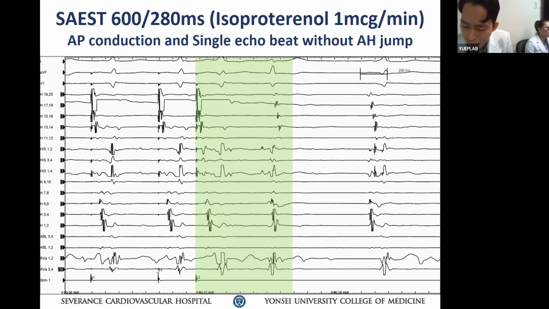Yeah, and I thought during the procedure, I saw that there's decremental property and no retrograde conduction. So I tried to prove it with Mahaim, but eventually I failed. But there is another combination of a rare accessory pathway without retrograde conduction, or combined nodal-vascular, or combined AV node, the dual AV node physiology.